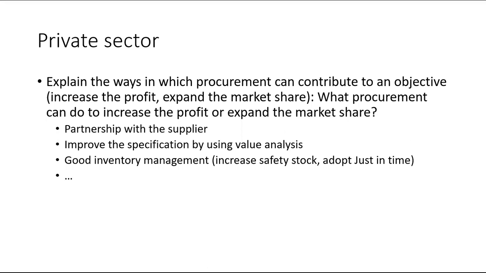And this is an example of this type of question. Explain the way in which procurement can contribute to objectives like increasing profit or expanding market share. It means that you must list or explain some actions that procurement can do to achieve this objective.